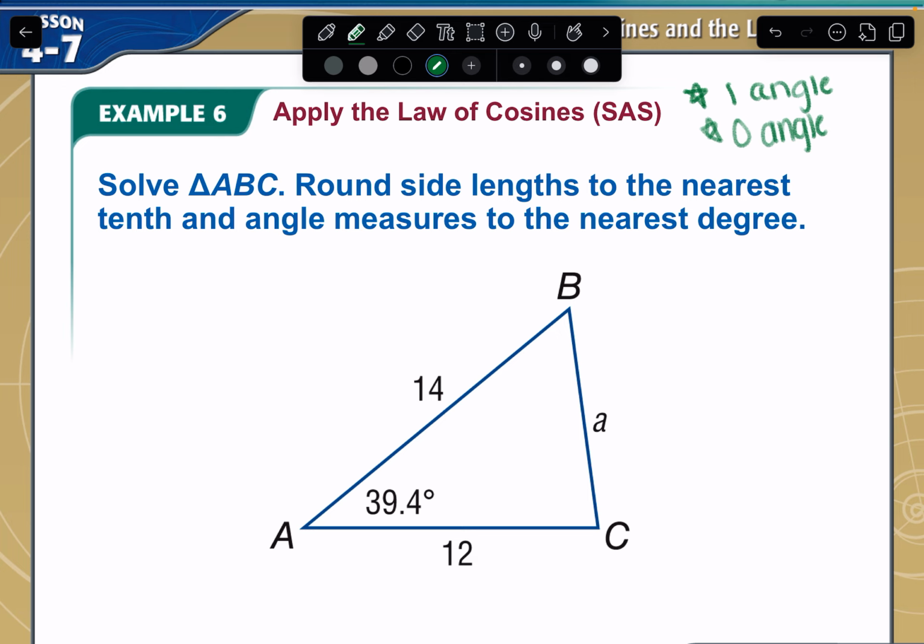In all of the law of sine questions that you did, you were given at least 2 angle measures and then a side length. So that's kind of where the difference comes in, is you're just given either no angles or maybe one angle, and have to find all of the other ones.